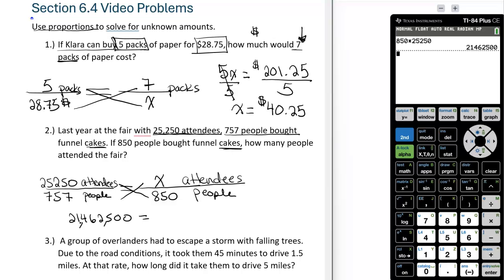And that equals my 757x. I have a term with a variable, and that's all on the right-hand side. So I'm ready to divide. So divide by 757.